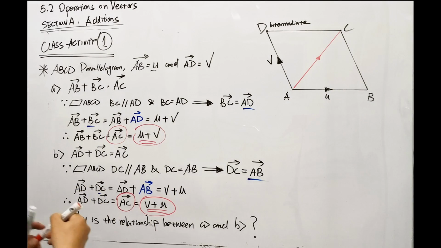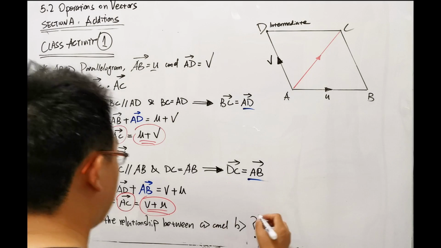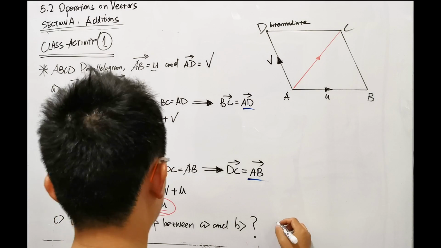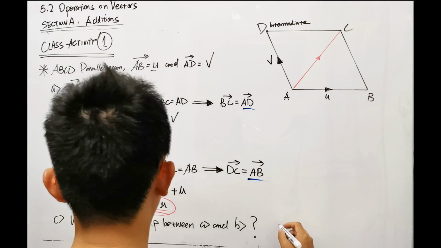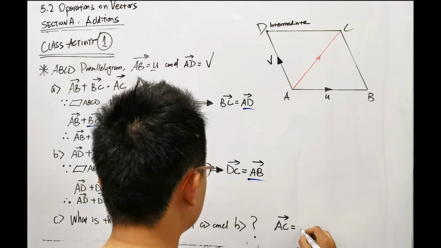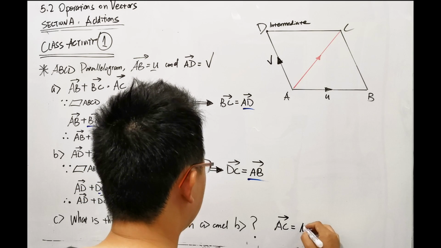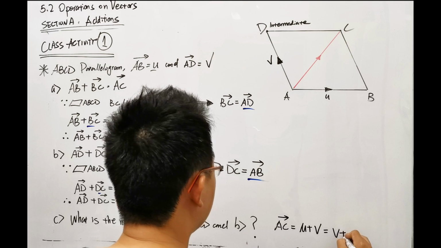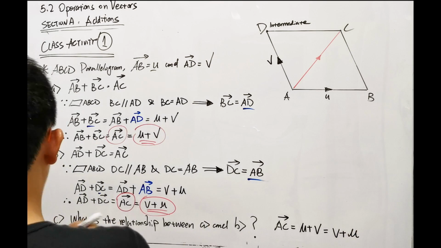From here we can find very important information. Because they are all AC, AC can be written as u plus v, and can also be written as v plus u.